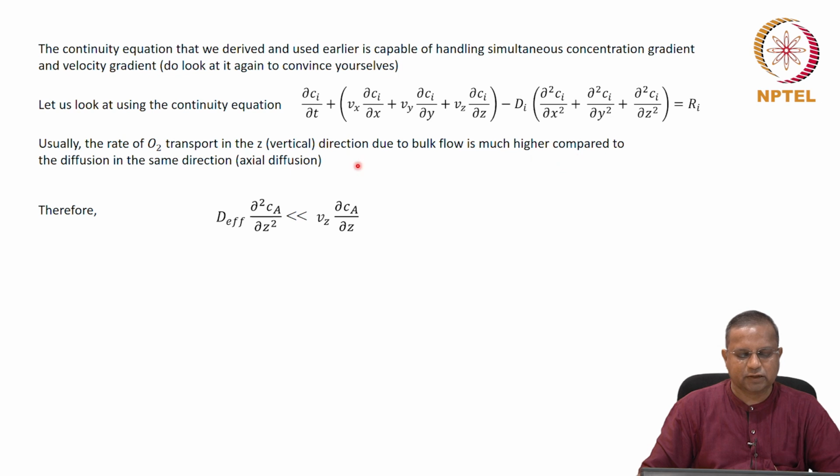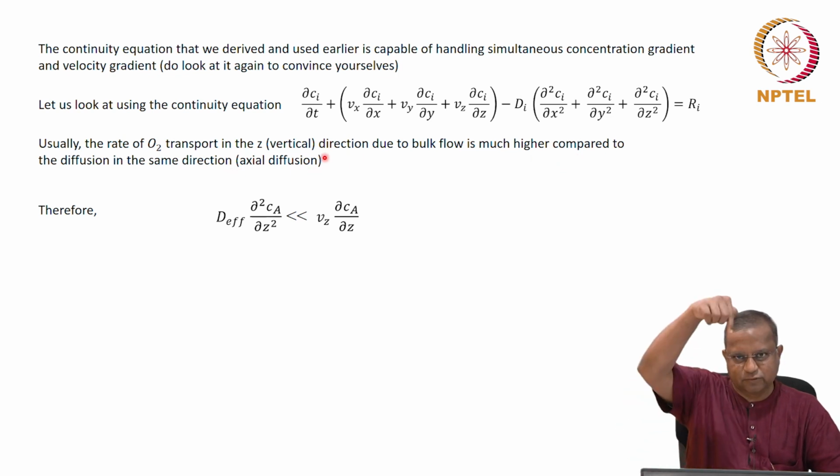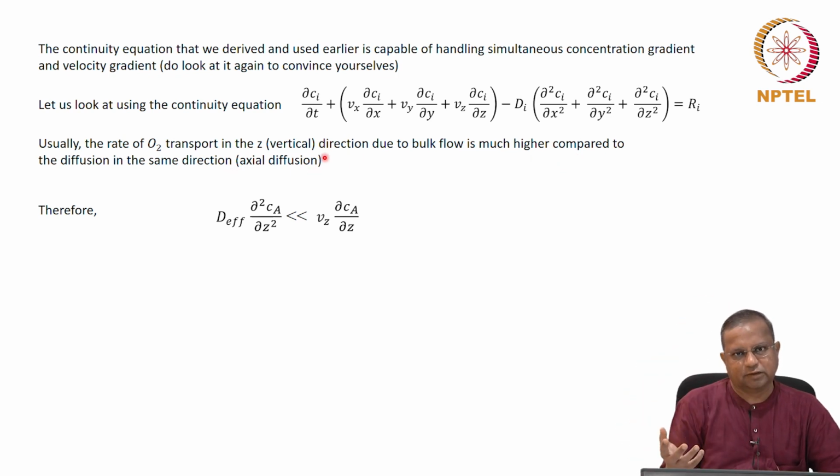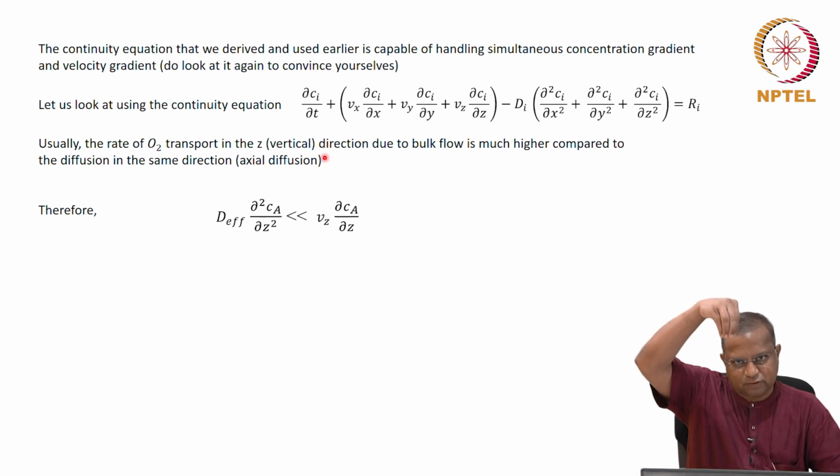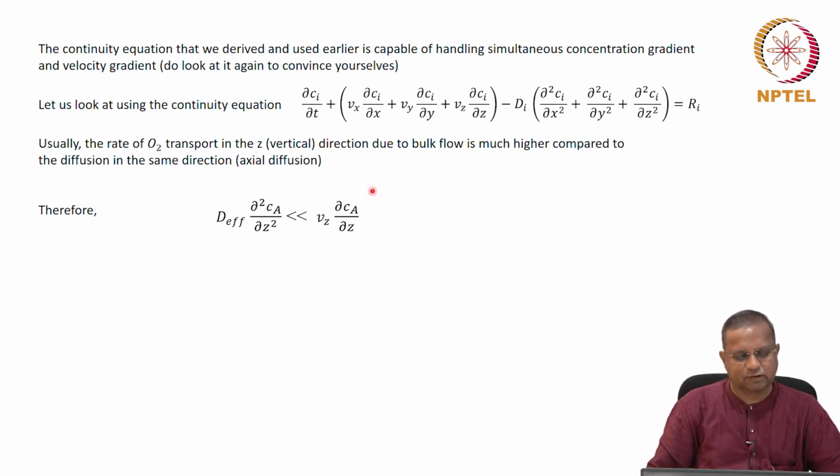Because the axial diffusion, the diffusion in the z direction, is much less, the flux due to that is much less than the flux due to the velocity in the z direction, the convective flux in the z direction. We can ignore this term when it is considered in combination with this term.